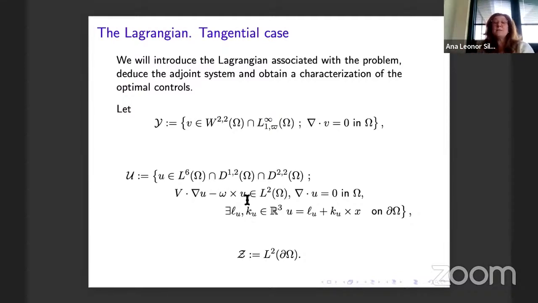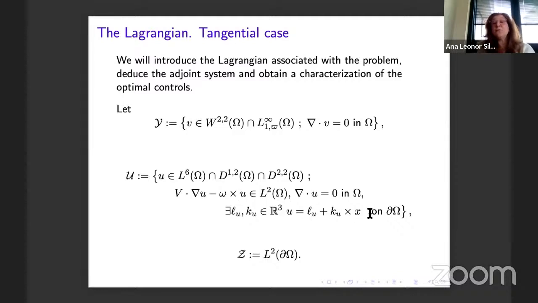We are going to need some ability for them, because we are going to multiply the state equations by some function U in this space capital U, and we will need to do integration by parts and so on. So it will be useful for us to put in this space of Lagrange multipliers this extra property, okay?